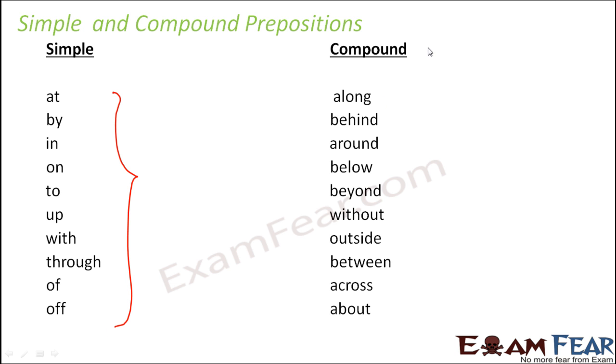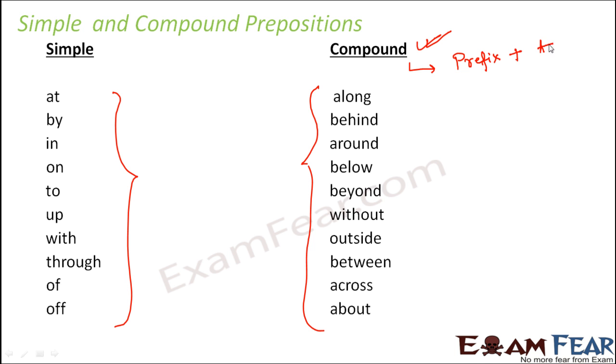Now you might be curious to know what compound prepositions are. Compound prepositions are not that simple, that's quite obvious. They are formed by adding a prefix to an existing word, that means we add something before an existing word.